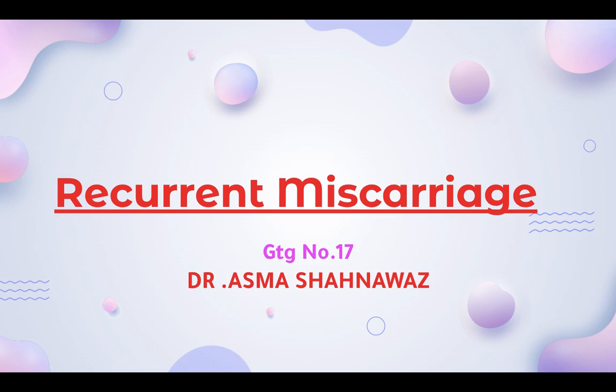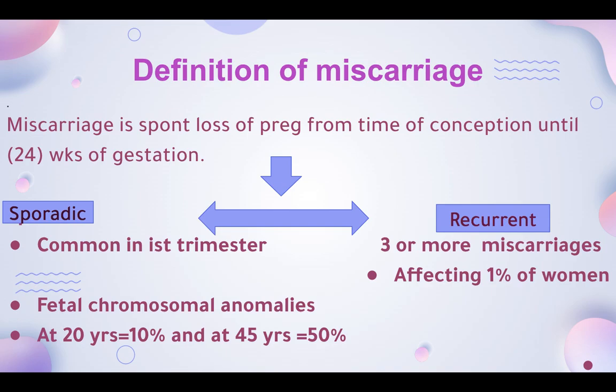So let's start and see what they are now recommending about recurrent miscarriages. The recommendation for the definition of miscarriage is the same as in the previous guideline, and everyone is aware of what recurrent miscarriage is.